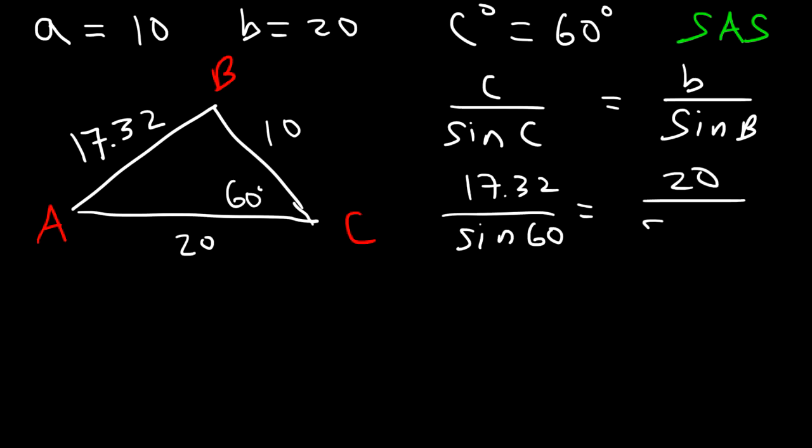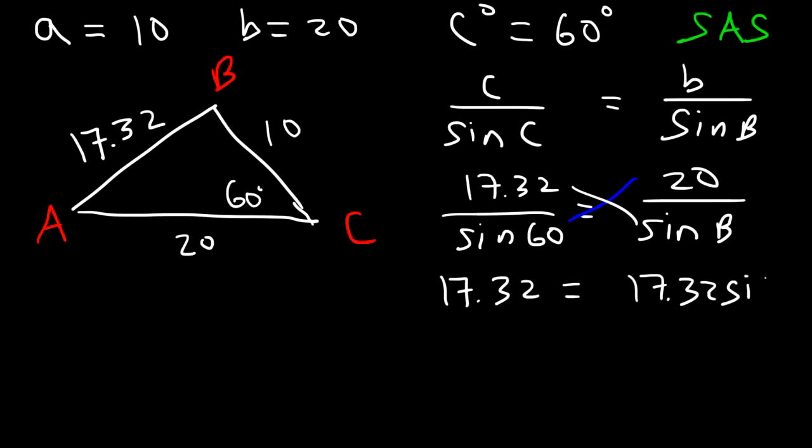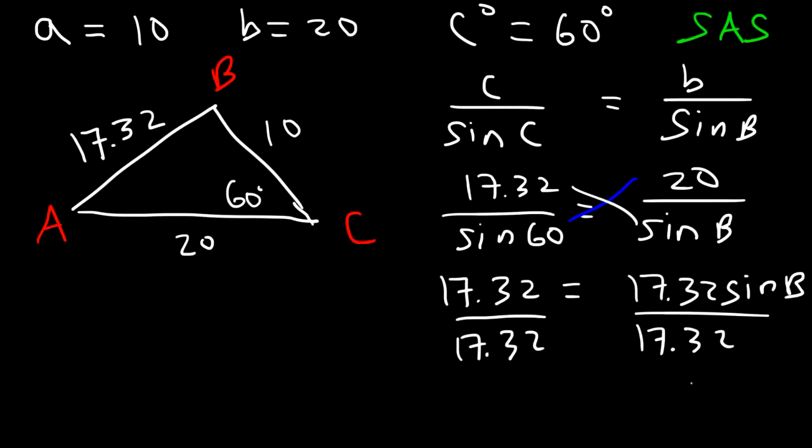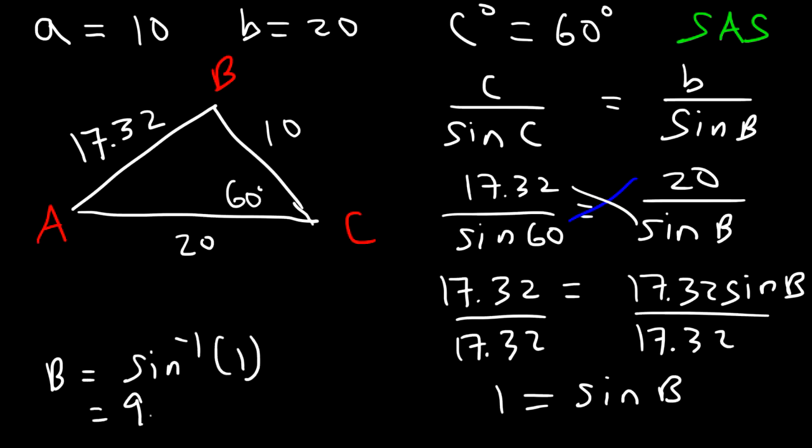B is 20. Let's go ahead and find angle B. Let's cross multiply. 20 times sine 60, that's 17.32, and that's equal to 17.32 sine B. If we divide both sides by 17.32, sine B is equal to 1. Therefore B is the arc sine of 1, which is 90 degrees.